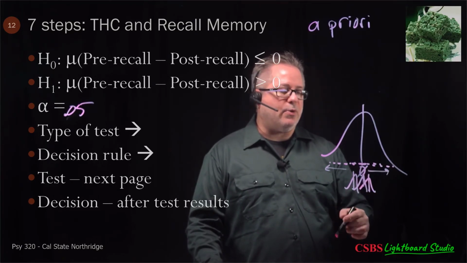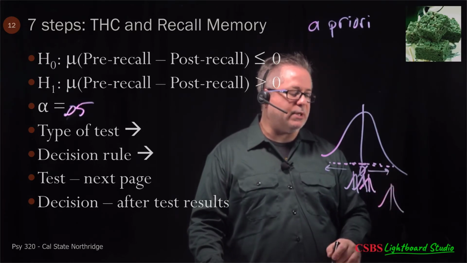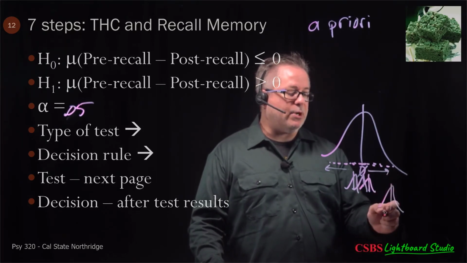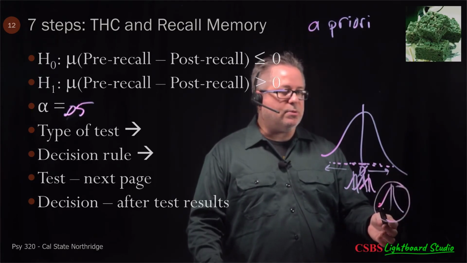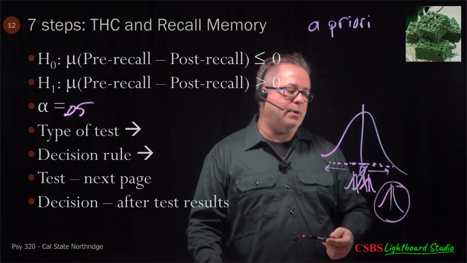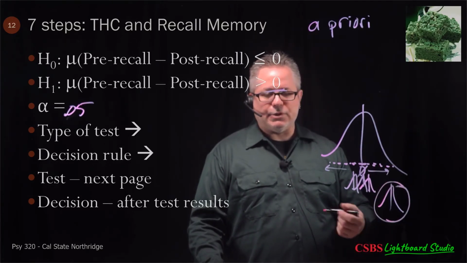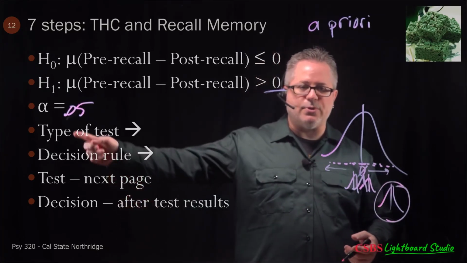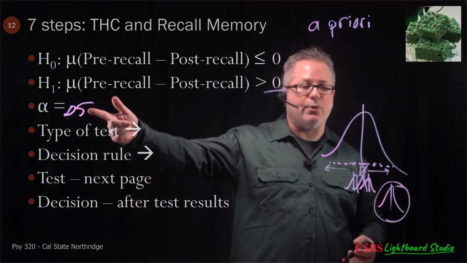So if I happen to have one sample that I'm using, and I gave them THC, and I want to know, is this one sample unusual or unlike the rest of these random distributions, I have to define what I mean by unusual. So the conventional definition of unusual is that it has a 5% chance of occurring or less.